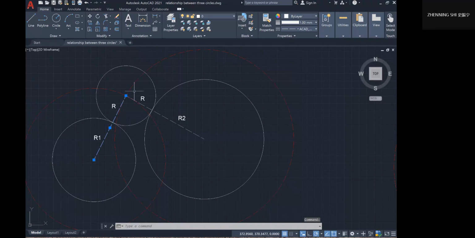It is very clear to see how to find the auxiliary line.